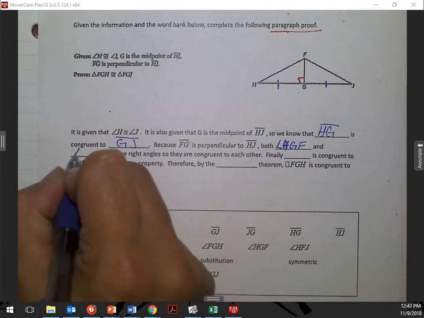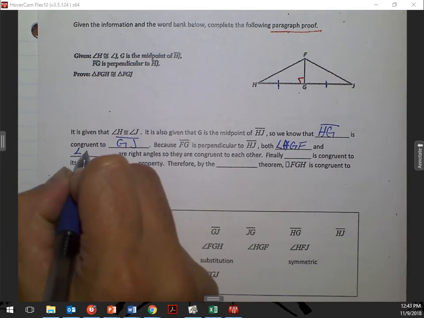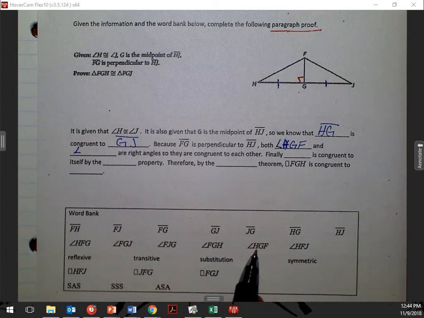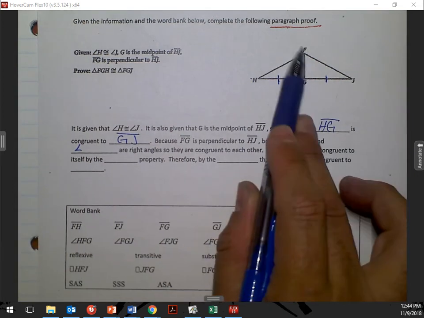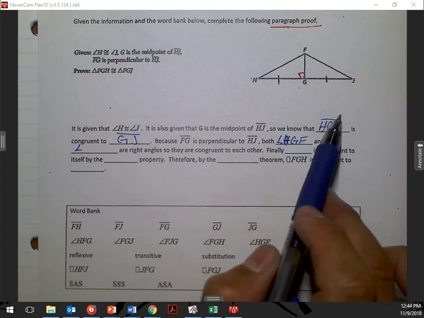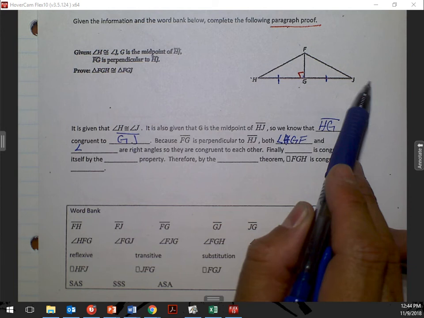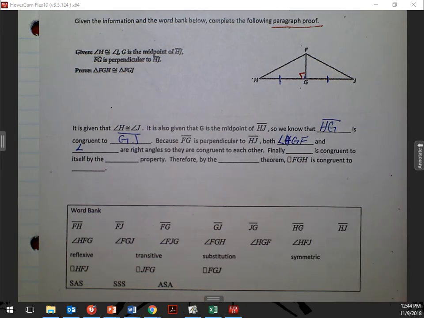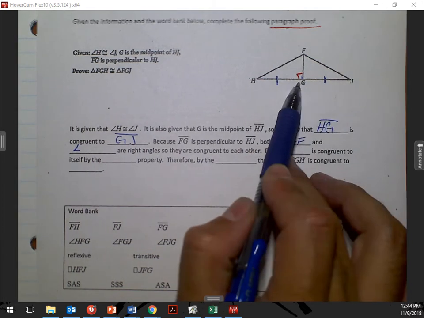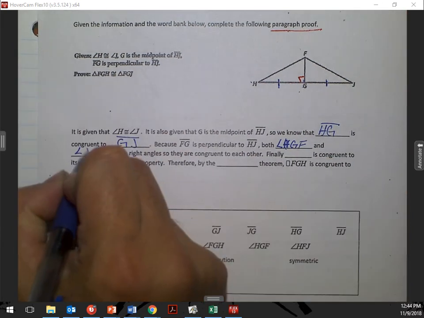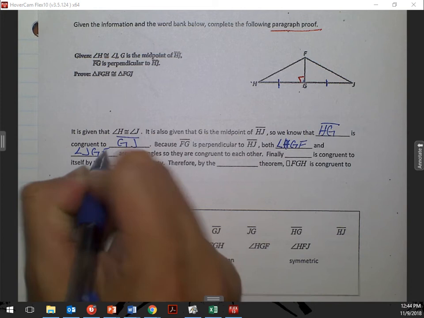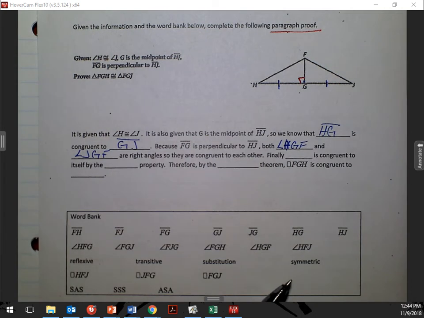And what was the other one? JGF. So look, HGF, and what's the other side? FGH is there. FGH is the same thing. And JGF, J G F. That's very good. All right, good job.